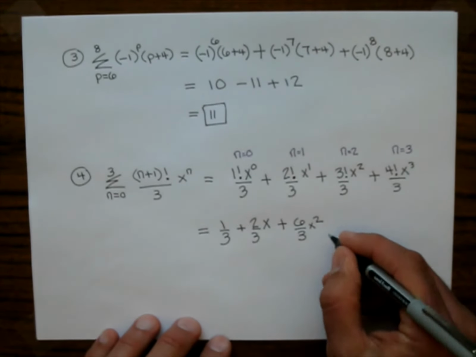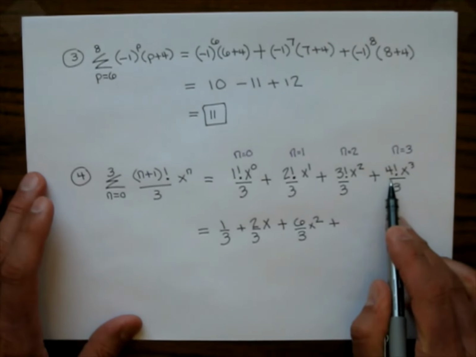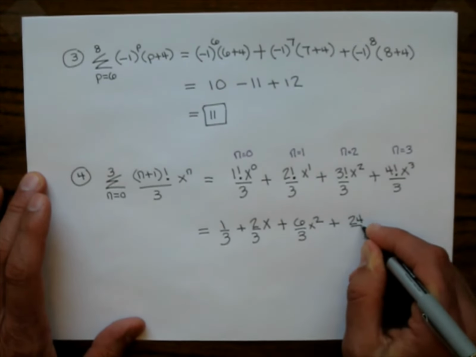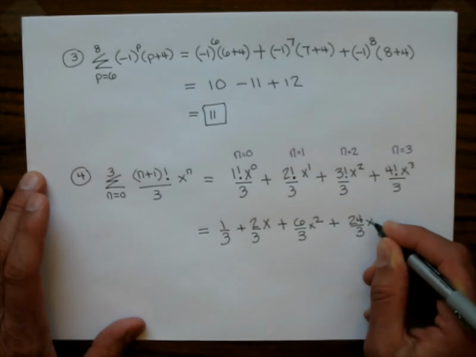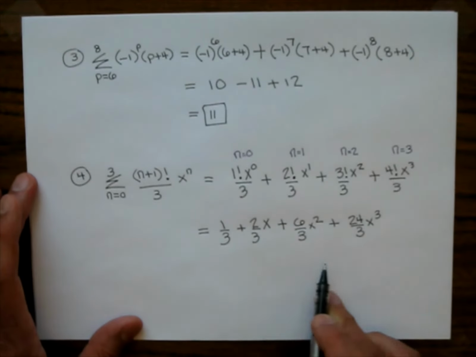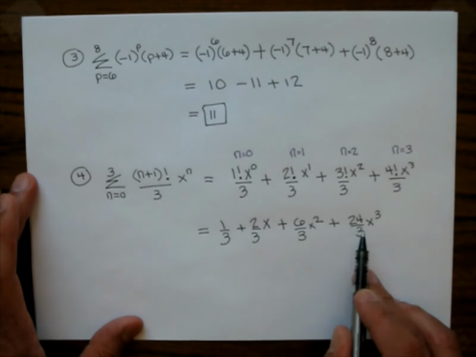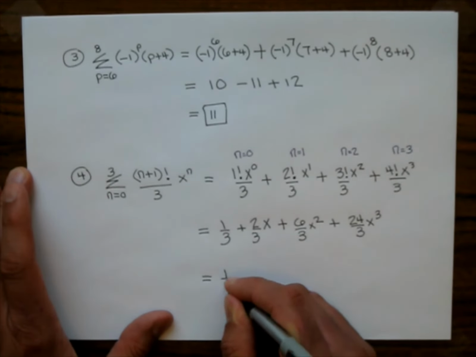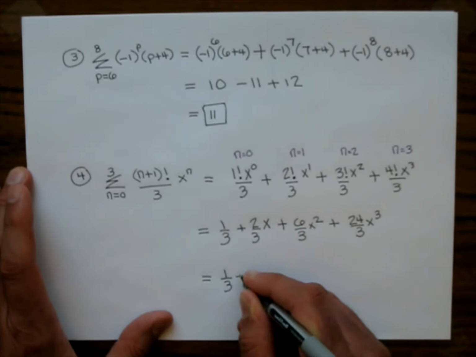And then 4 factorial is 4, 3, 2, 1. Multiplying them all, you get 24 over 3 times x to the 3rd. So I'm not going to box this because I have some unreduced fractions. So let's go ahead and clean up our answer, and we'll be done with this problem.